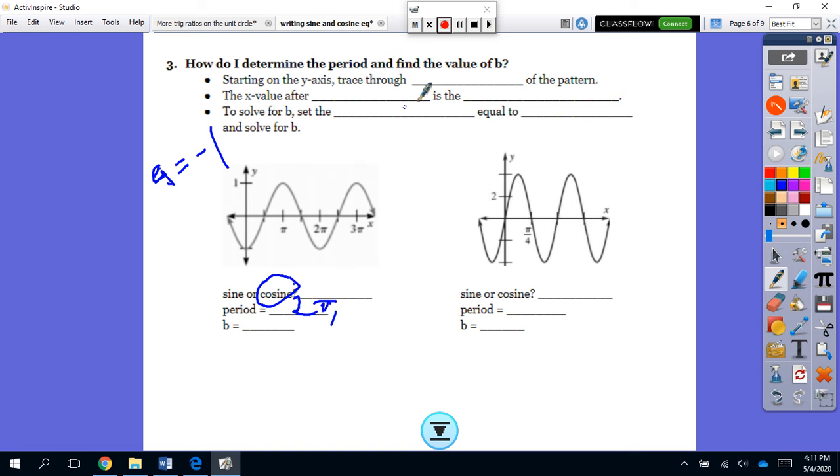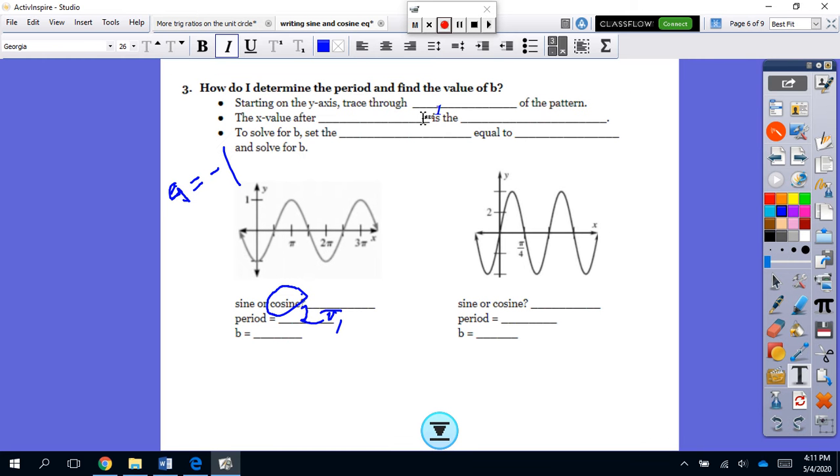Let's fill this in up here, and then we'll show you how to get B. Starting on the y-axis, trace through one cycle of the pattern. So this would have been min, 0, max, 0, min. The x value after one cycle is the period. So the period here was 2 pi.